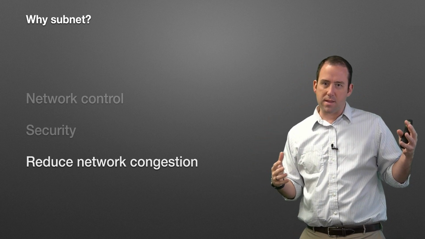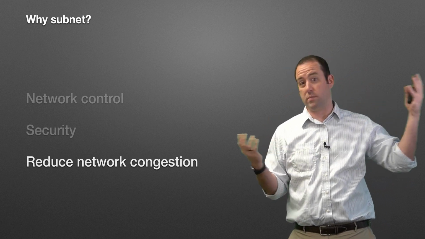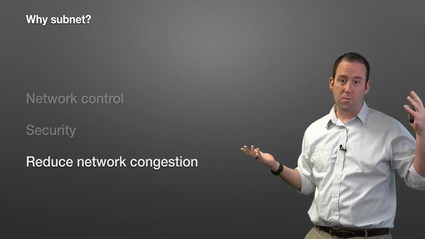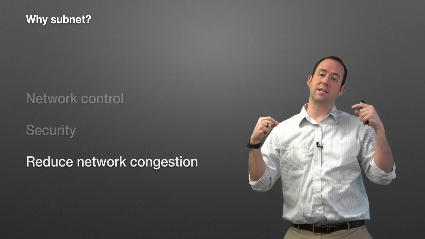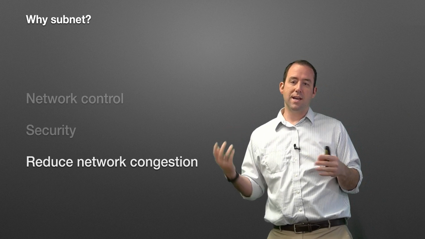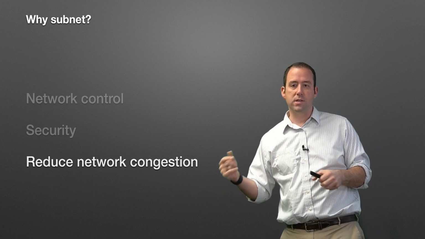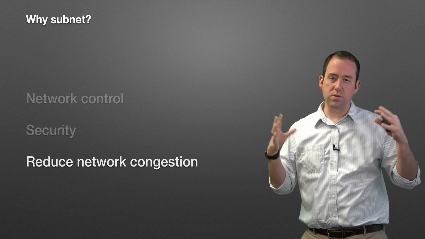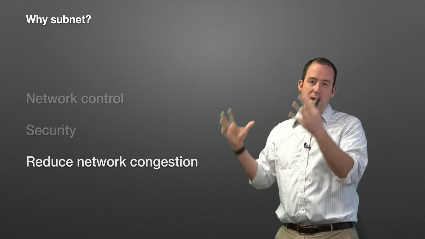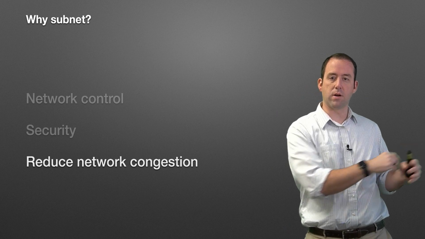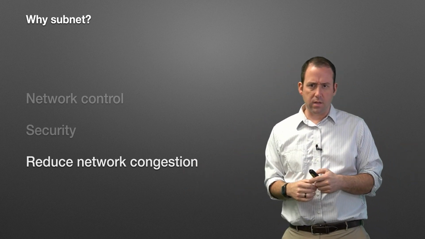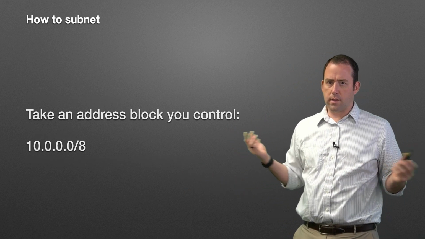And if you get much bigger than that, if you end up with 1,000 or, let's say 16 million hosts on one network, the entire network would shut down. You would not be able to do anything, and it just simply wouldn't work anymore. So we need to be able to split networks up, put routers in between to reduce that congestion by limiting the scope of each of these networks using those routers.